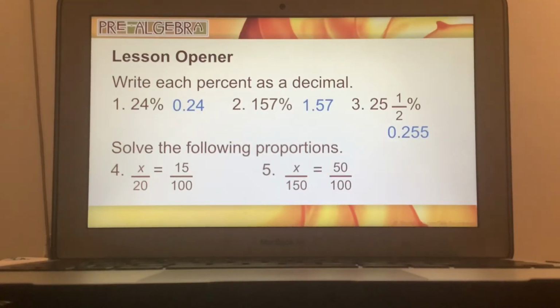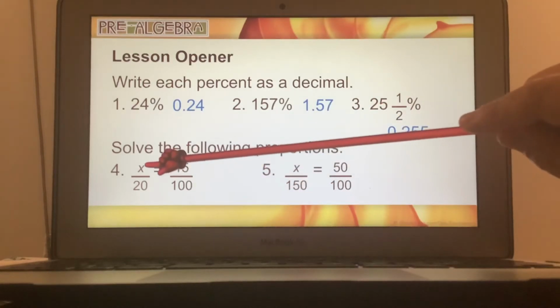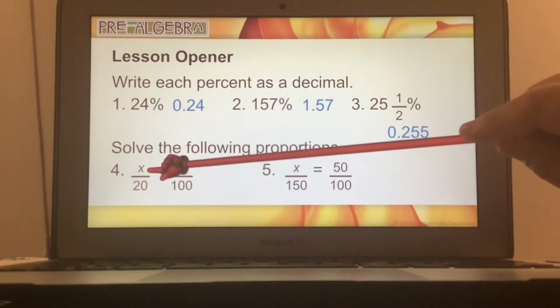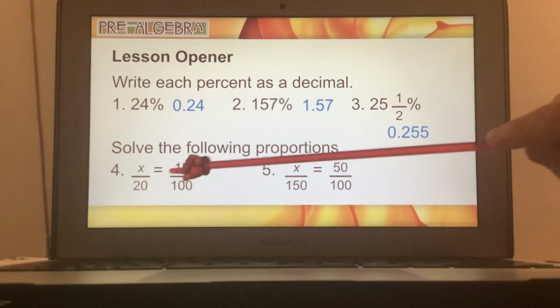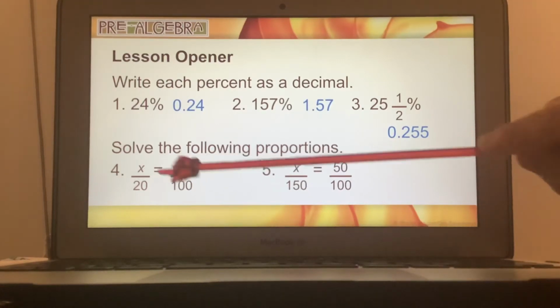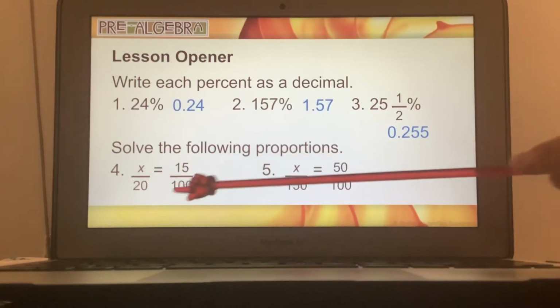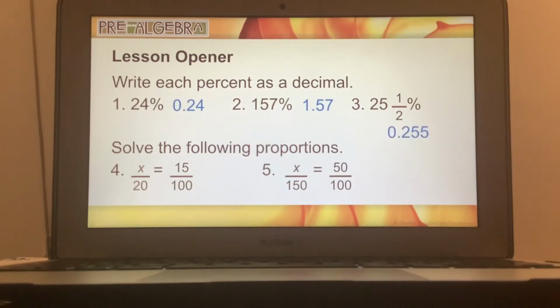And now we're trying to find the value for x. So you cross multiply: x times 100 and 20 times 15. So it would actually be 100x equals 20 times 15. And when you work that out, x is going to be equal to 3.